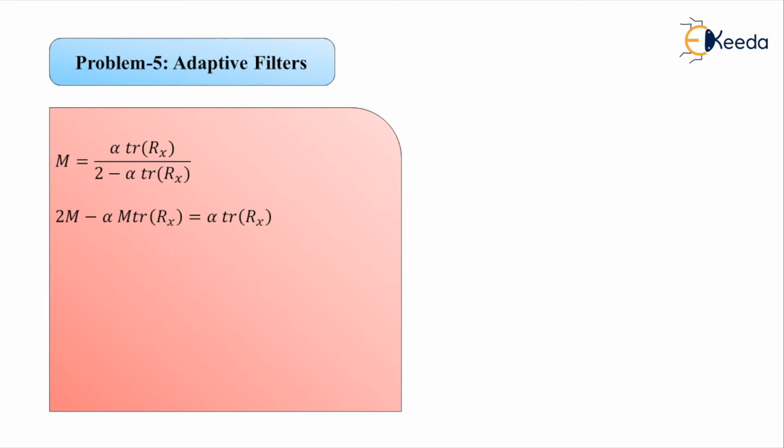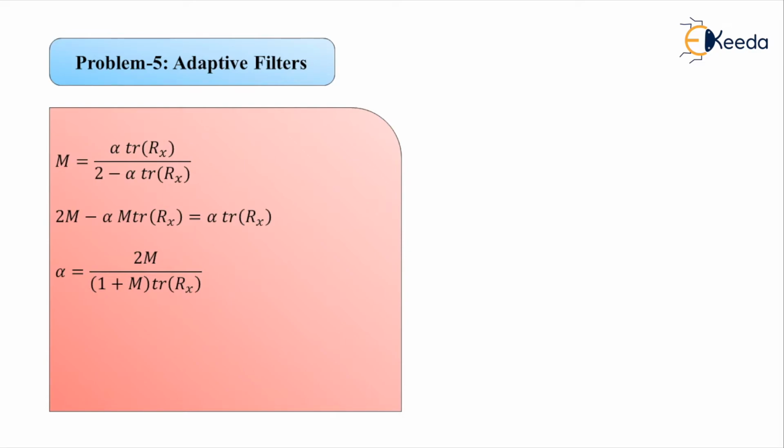This will be equal to the right hand side, left with alpha multiplied by tr of Rx. So when we try to isolate alpha only, we get alpha equal to 2M divided by 1 plus M multiplied by tr of Rx.